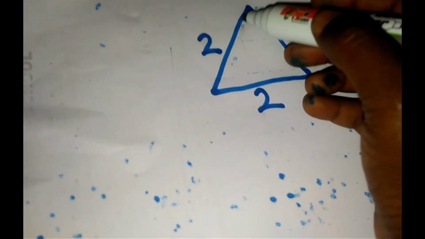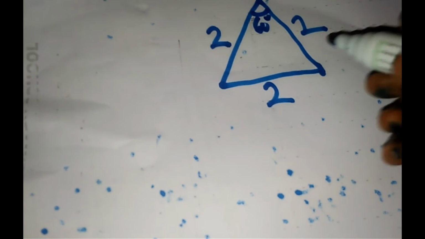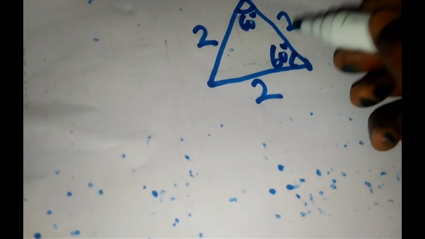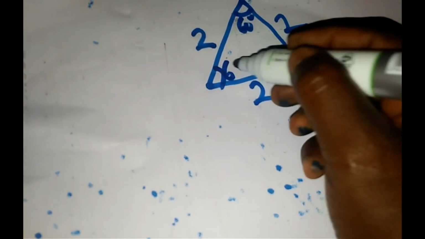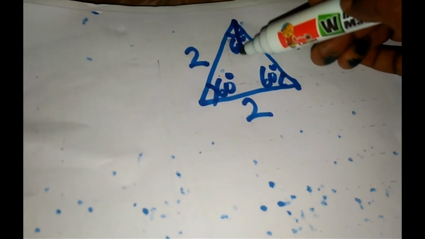So that makes all sides equal. And since we're going to have 180 degrees in a triangle, we're going to have 60 degrees here, 60 degrees and 60 degrees. So assume now we divide this triangle into 2 equal parts.